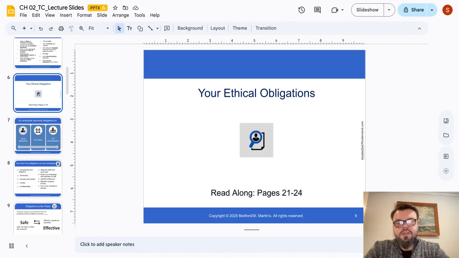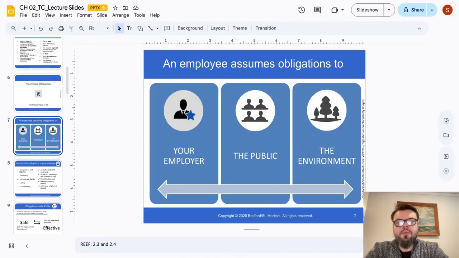As an employee, and especially as a technical communicator, you don't have just one ethical responsibility, you have 3. Responsibilities to your employer, to the public, and to the environment. These obligations exist at the same time, and they don't always point in the same direction. Your employer expects you to support the organization's legitimate goals and represent it professionally.